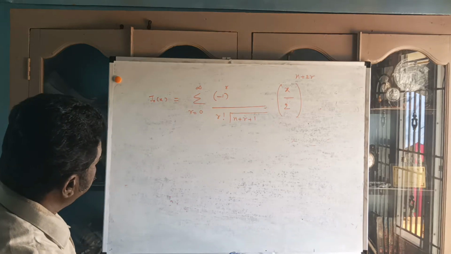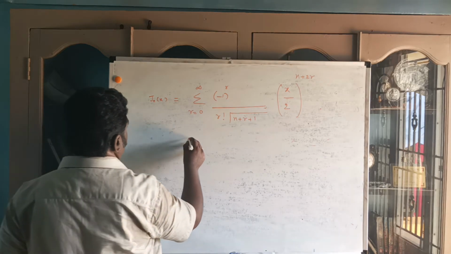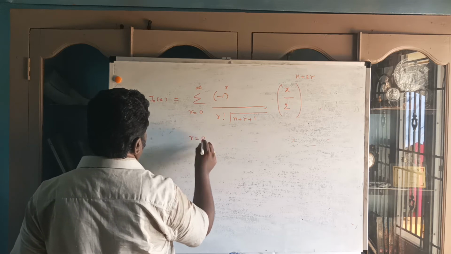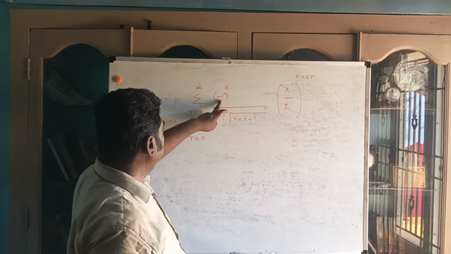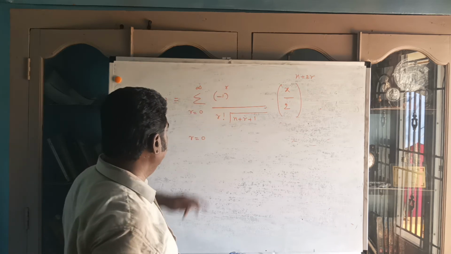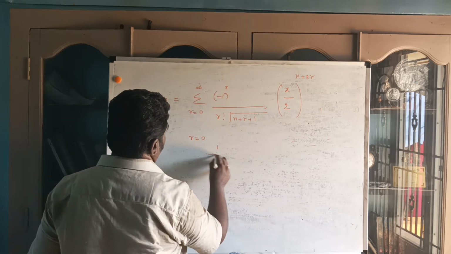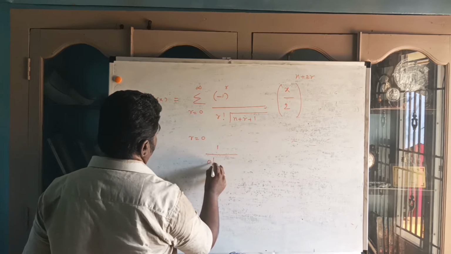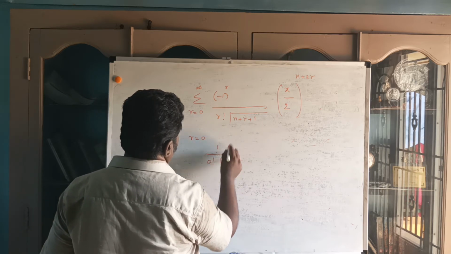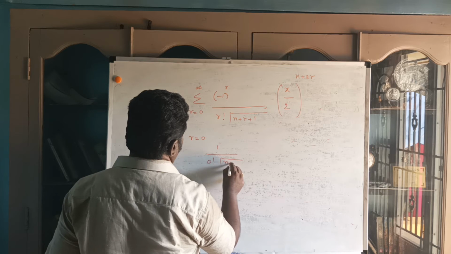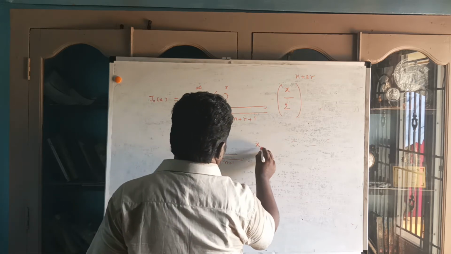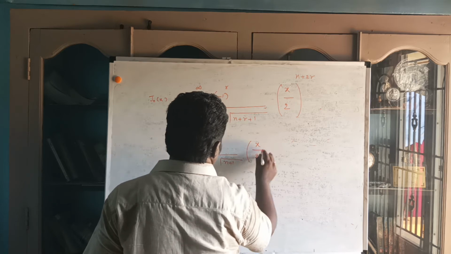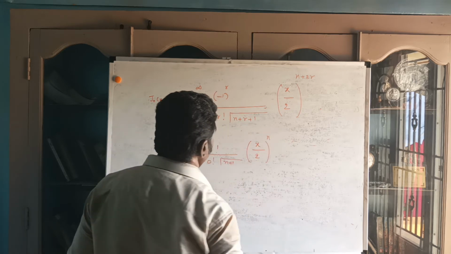In this equation, if you put r equal to 0, we can get the term minus 1 power 0, 1 divided by 0 factorial into gamma of n plus 1 into x divided by 2 whole power n.